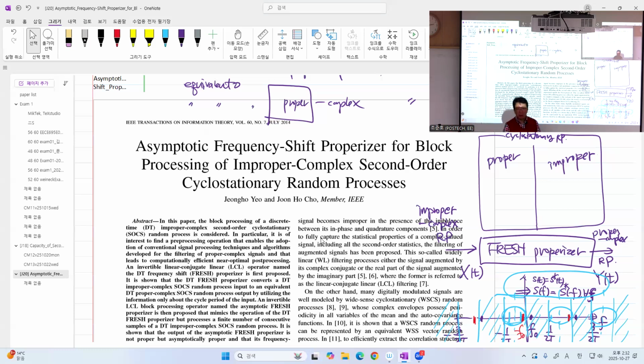At that time, we showed that asymptotically, which means that if we have large enough, for example, FFT points, then we have some convergence, and so on. So we wanted to make that part, especially where we assumed only proper complex interference and data-like interference. But here, to extend those results to the improper case, we considered discrete time cyclostationary random processes.